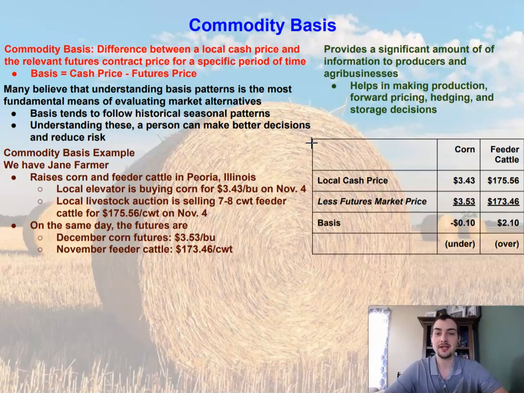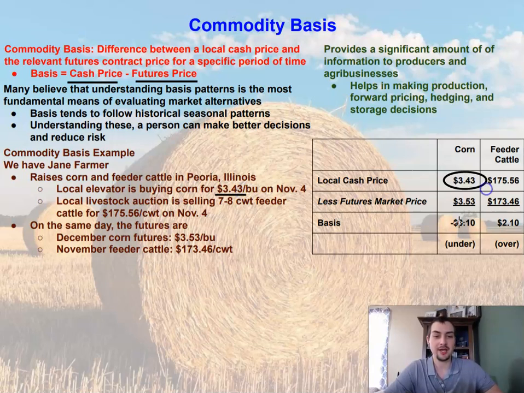So how do we calculate this basis? Like we said, it's the cash price minus the futures price. Let's look at a commodity basis example. We have Jane Farmer. Jane Farmer raises corn and feeder cattle in Illinois. The local elevator is buying corn for $3.43 a bushel, so we have our local cash price at that point in time.